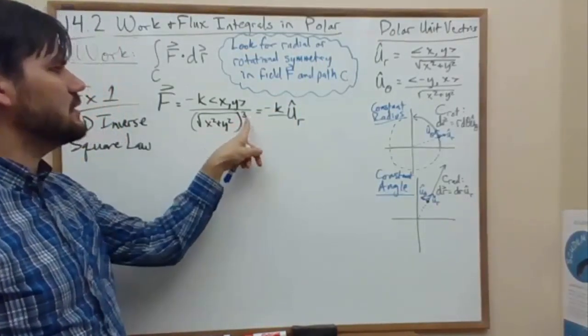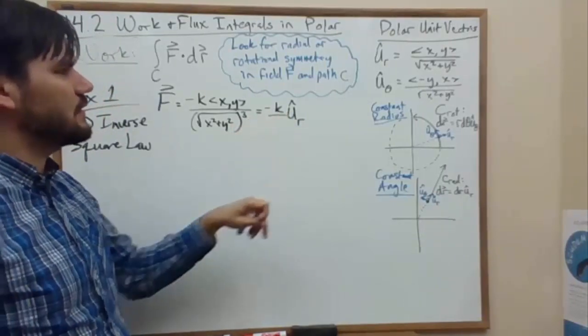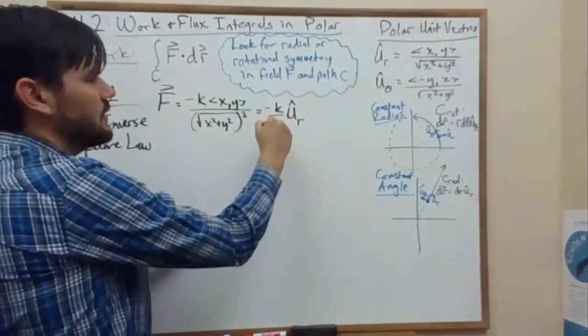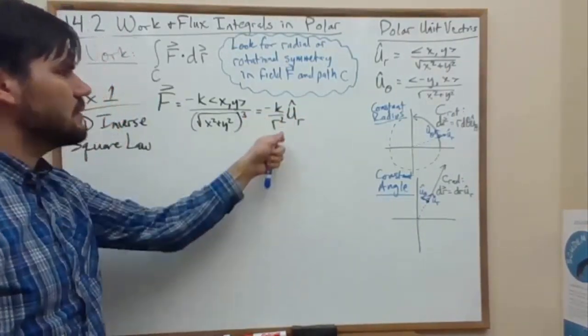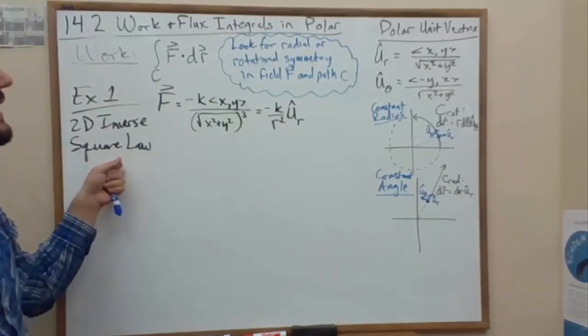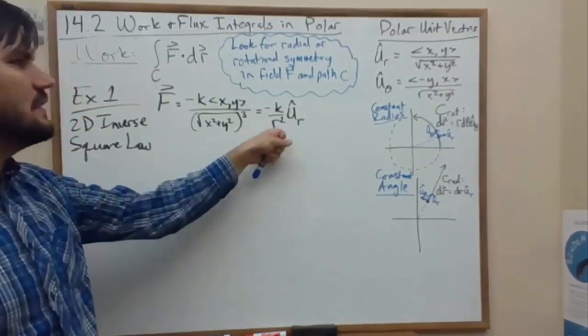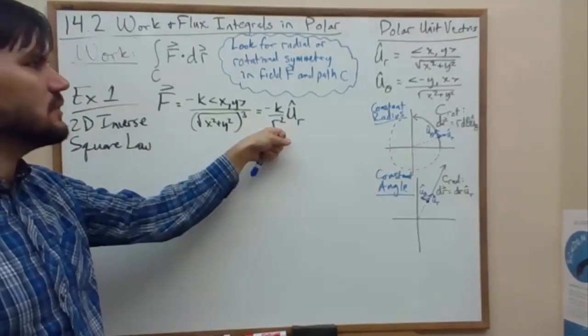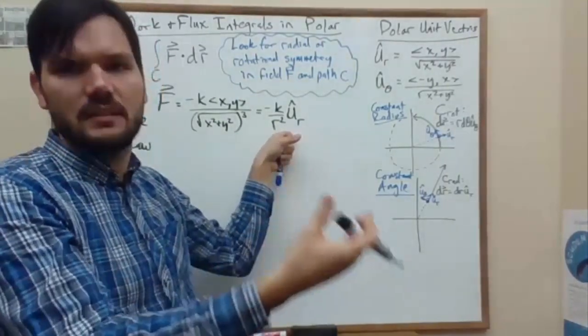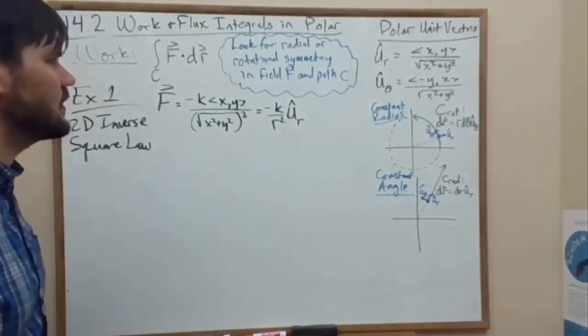Okay, well, how many? Well, we took one of them to give us a unit vector, and so we have two left, r squared. So here is our inverse square law. That's all it is, just saying that the magnitude is inversely proportional to the radius squared, or the distance squared.